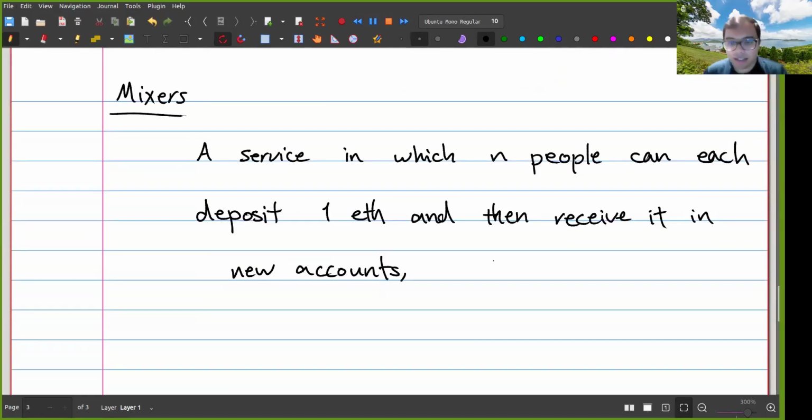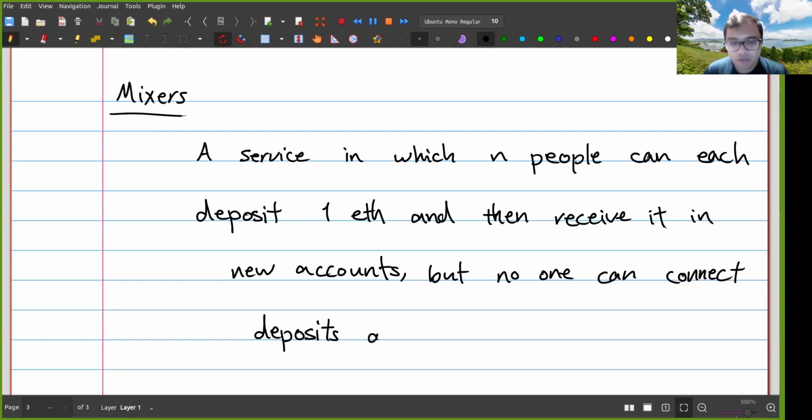But no one can connect the deposits with the withdrawals. Okay, so no one knows which new account corresponds to which old account.